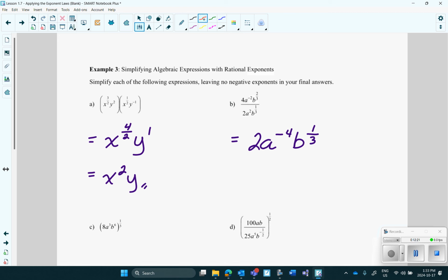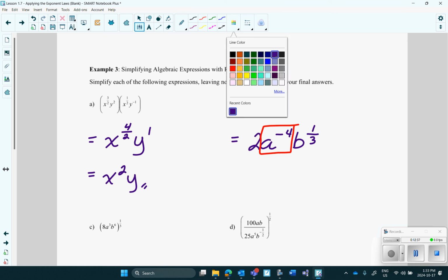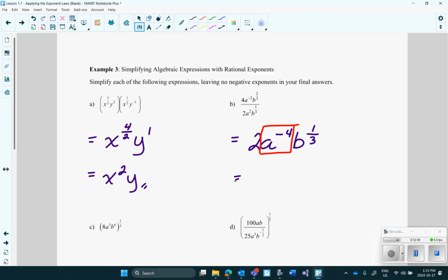Remember, only the exponent and its base move. So just that moves, not the 2. The 2 is not attached to the negative 4. The negative 4 is attached to the A. So what does it look like when I move this down and make it positive?